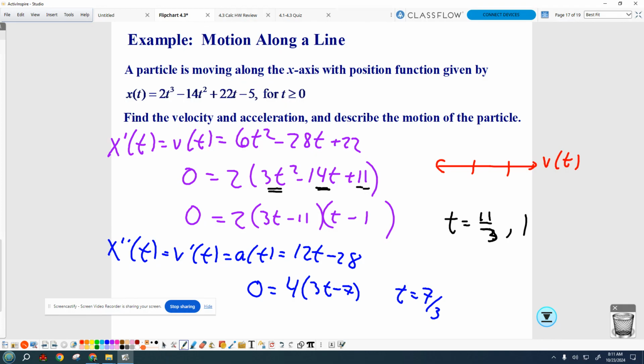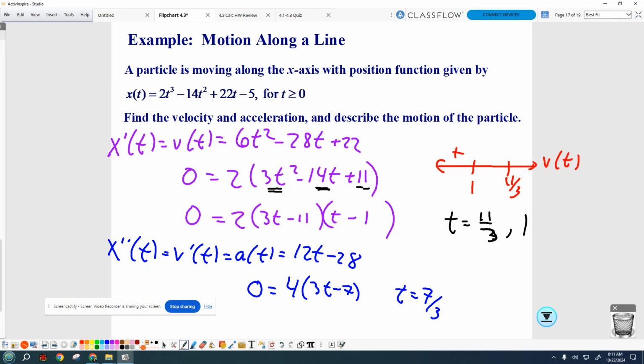Which one's bigger, 11 over 3 or the 1? Is velocity positive or negative at 0? Positive. A number between 1 and 11 thirds? 2, okay.